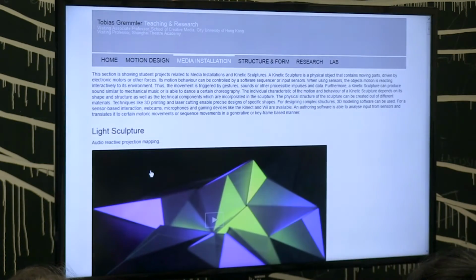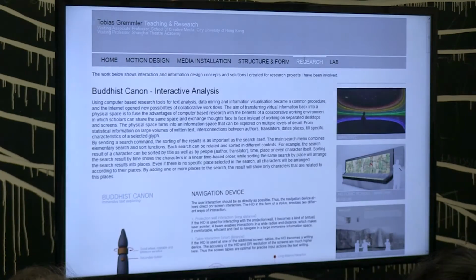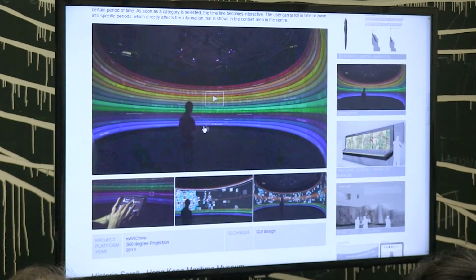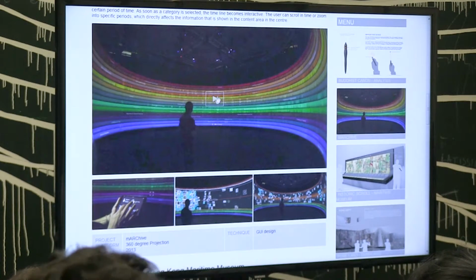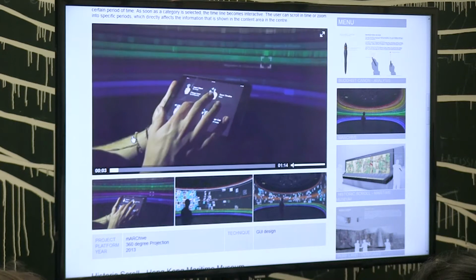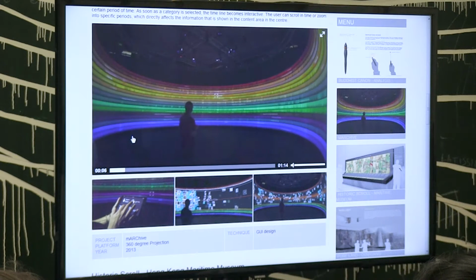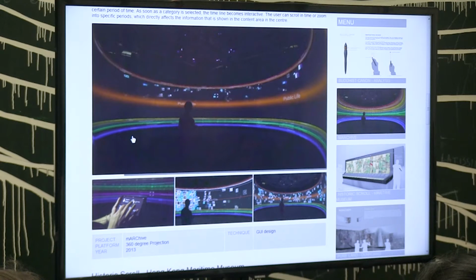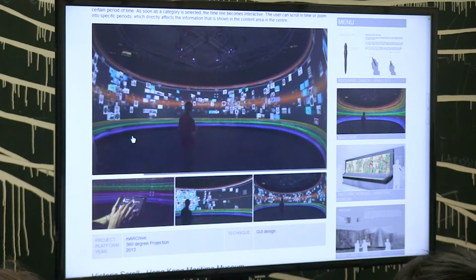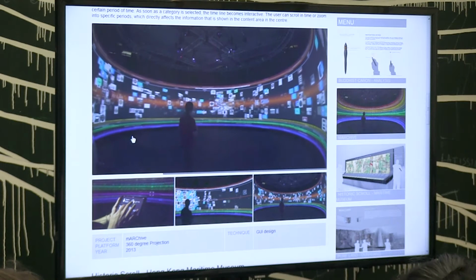Another project. It's also using 360-degree, but more in a research context. This is a collaboration between my university in Hong Kong and a university in Australia, and it's a system that works with a big database, in that particular case data coming from museums, like archives, visual pictures, images which are indexed in a big archive.